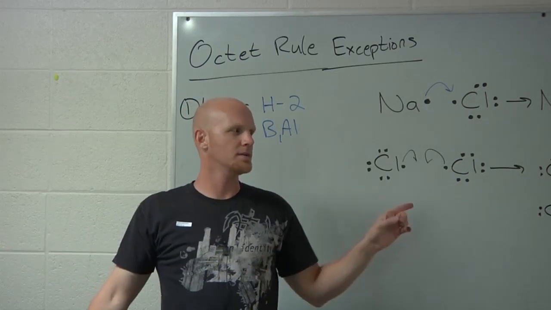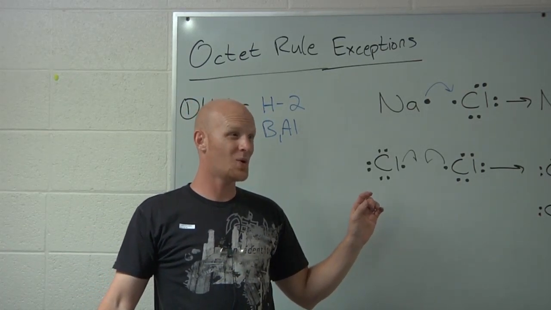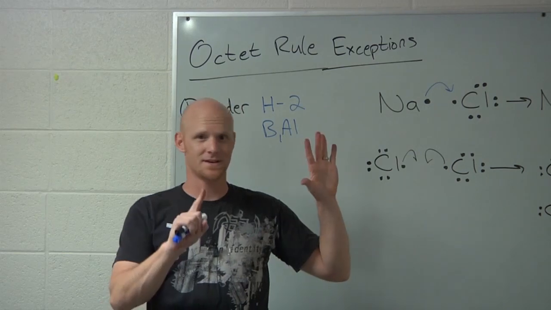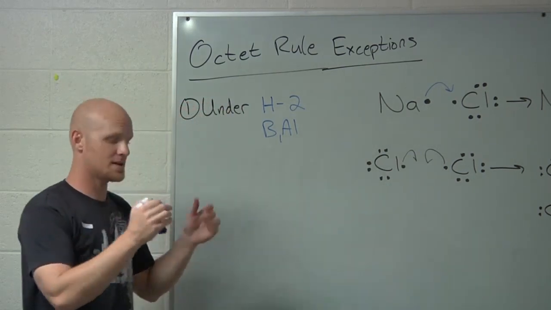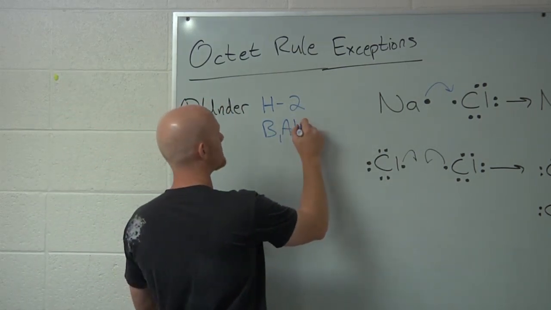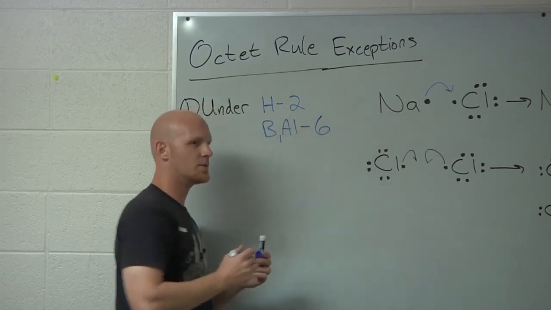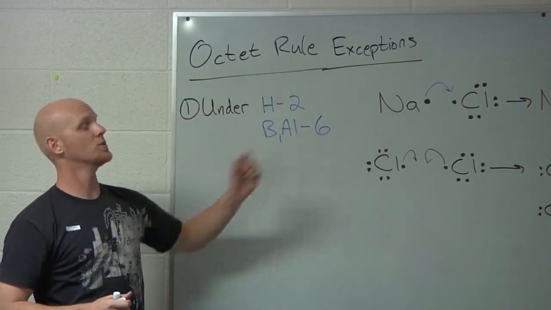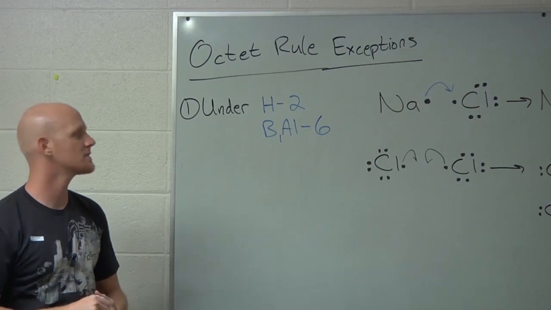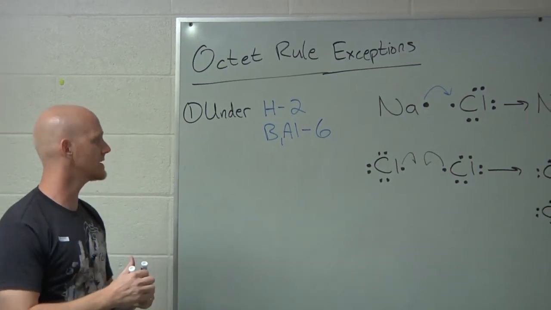They end up with 3 bonds, and only a total of how many electrons around them? 6. And they're like, well, that's all I could do, I guess. So boron and aluminum routinely violate the octet rule and are typically happy with only 6 valence electrons. I'll use the word happy kind of loosely here.